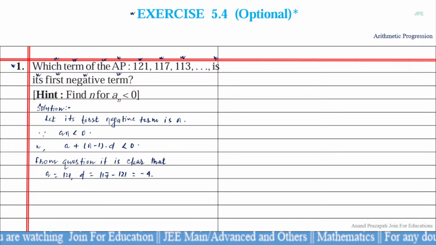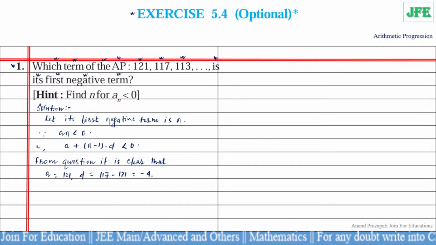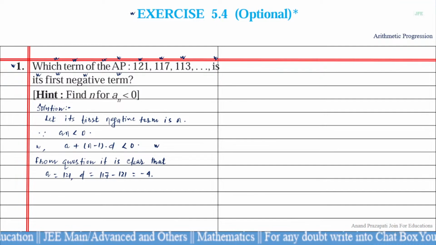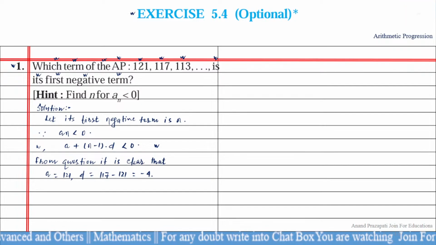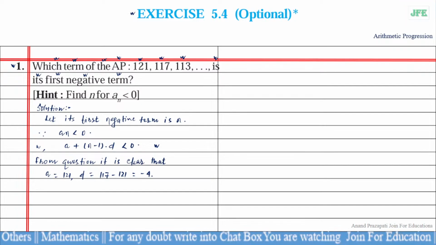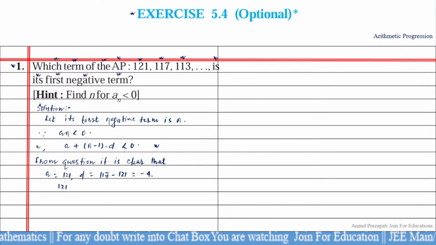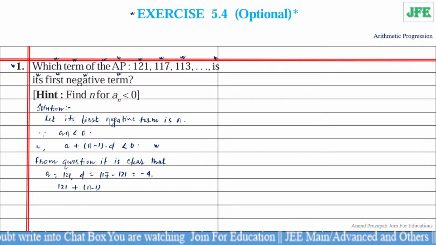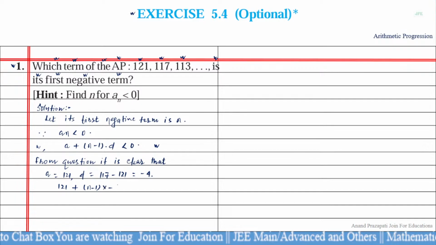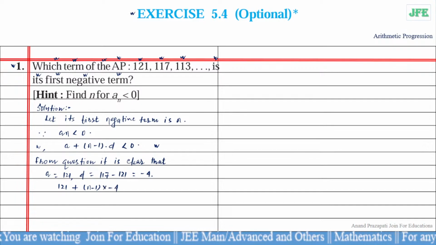Now putting the value of a and d in this equation, we get 121 plus (n minus 1) into minus 4 less than 0.